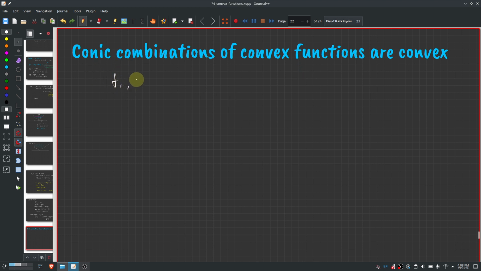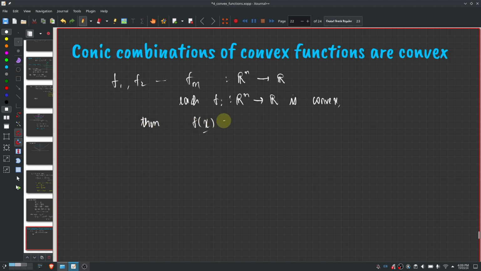So if you have f1, f2, up to fm, all functions from, let's say, R^n to R, and each fi is convex, then any f of x defined as the summation i equal to 1 to m of theta i times fi of x, for any theta 1 up to theta m all being greater than or equal to 0, this function is also convex.